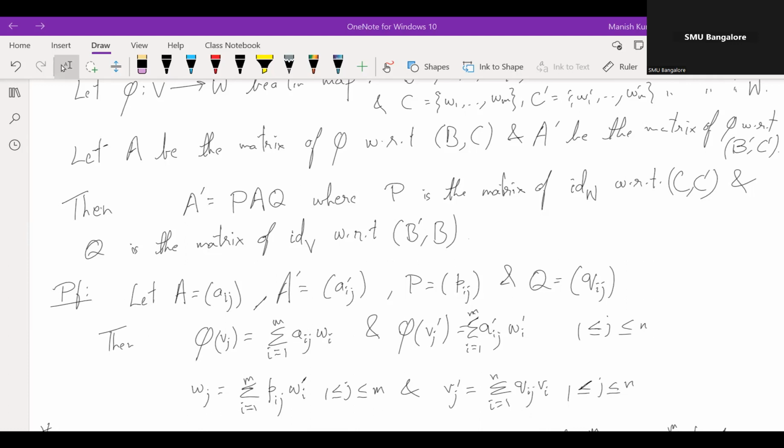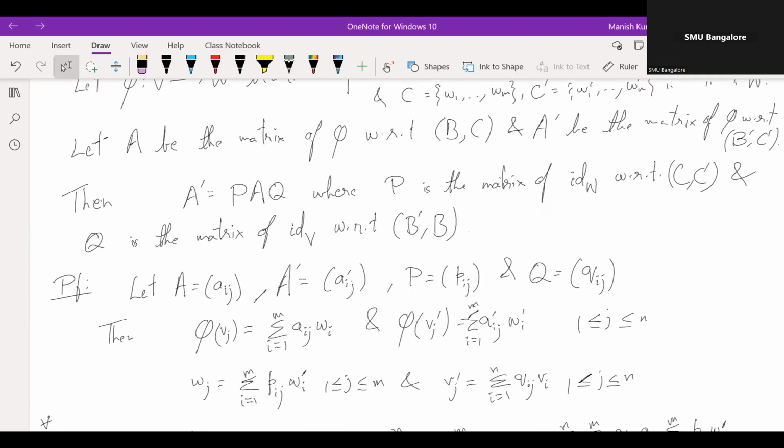Now let's analyze what it means to say P is the matrix of the identity of W with respect to C comma C prime. Identity of W means that if I take a basis vector in C, for instance Wj, then identity of Wj is Wj.